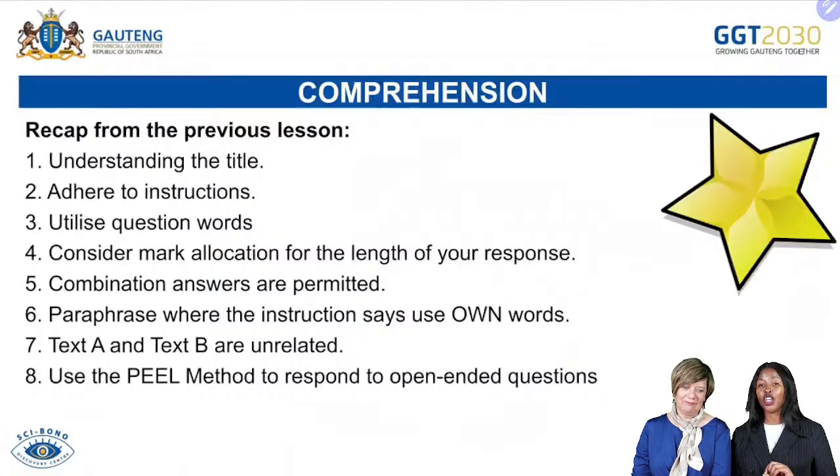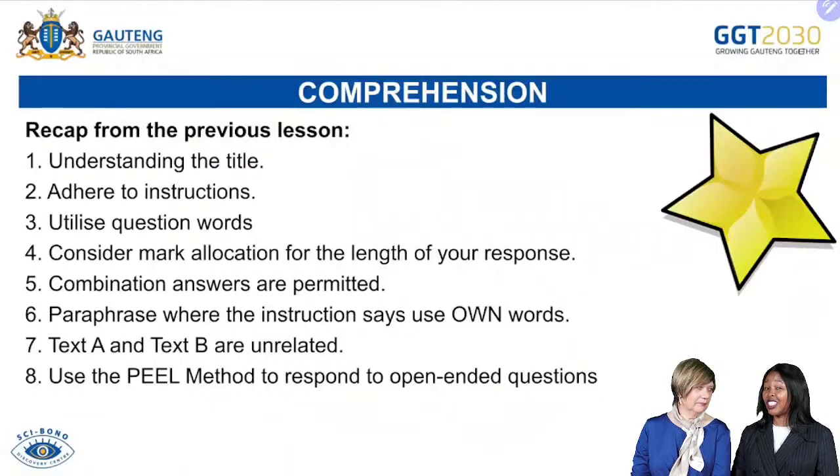First things first, you need to understand the title. I believe you still remember some of the key ideas that we pointed out to you. Secondly, you must adhere to instructions. Remember the instructions that say, refer to paragraph 1, use your own words, state 2 points. These are very important words that you need to take into consideration, and you should apply them.